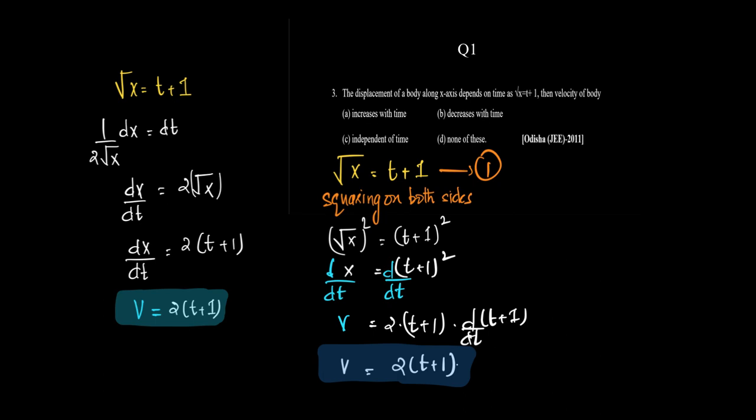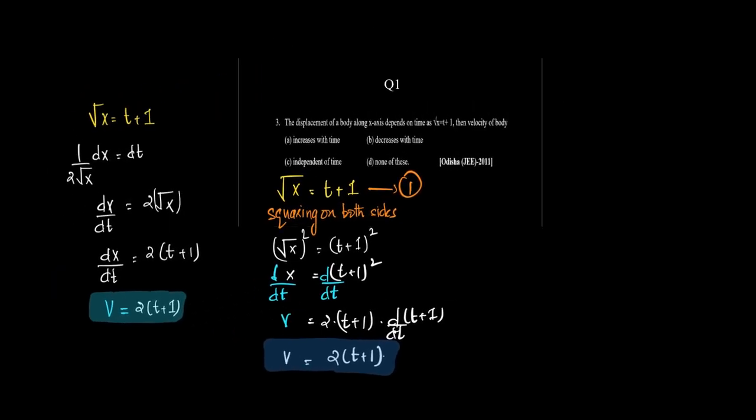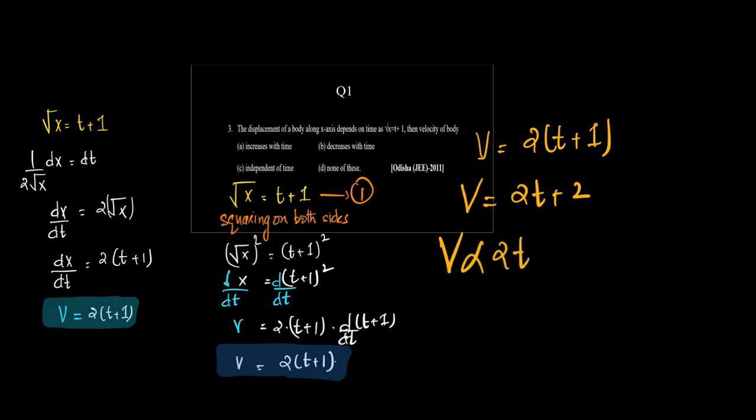What we need to understand is that what we have derived is v is equal to 2 into t plus 1. Now, if you try to understand this in the conceptual way, let's take this: v is equal to 2t plus 2. So basically, we can say that v is proportional to 2t.